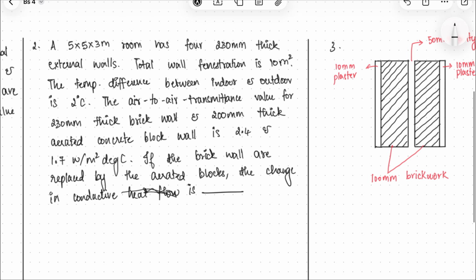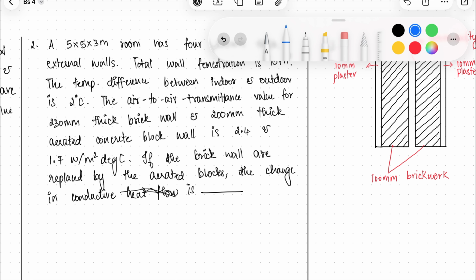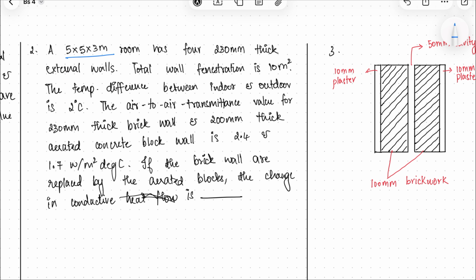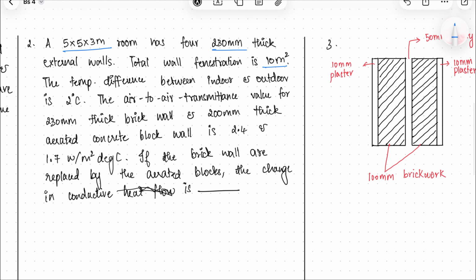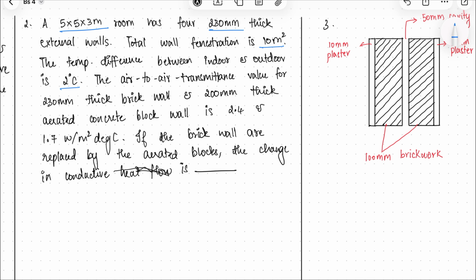So let's see here. A room, they have given the dimensions of the room, has 4 external walls of 230 mm thick. The total wall fenestration area is 10 meter square, and the temperature difference between the indoor and the outdoor is 2 degrees Celsius. Air to air transmittance values for the 230 mm thick brick wall and the 200 mm thick aerated concrete block wall are 2.4 and 1.7 watt per square meter degree Celsius.